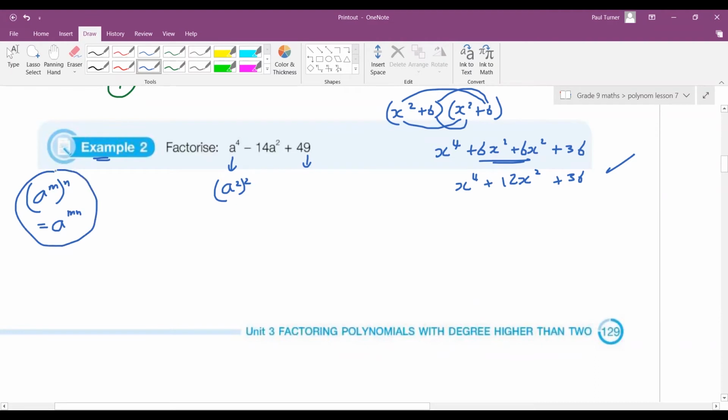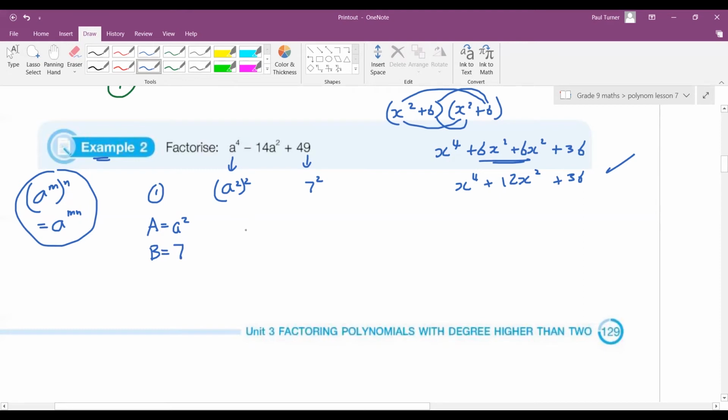So that's very useful for doing these problems. So we've got a squared squared, 49 is 7 squared, like that. So do that first. That's your first step here. So then we know a, if everything's working properly, a will be a squared. And b from the formula will be 7.